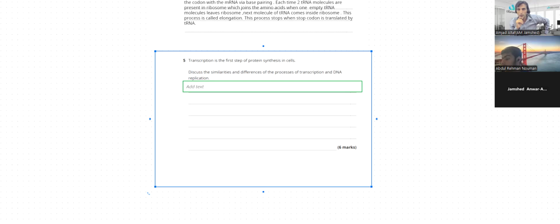Helicase is responsible, yes, sir. Helicase is responsible in case of replication. That's very prominent. But I'm talking about the transcription process. How is helicase involved in transcription? That's the thing that I need to confirm. Yes, I am sending you the picture of my textbook.